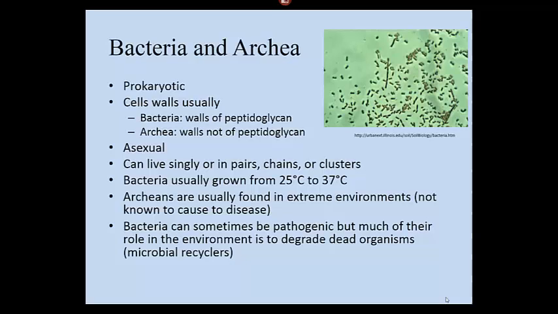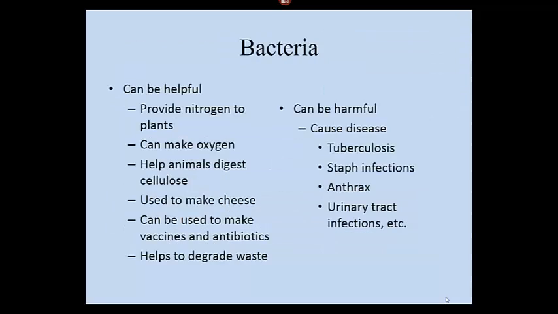And that's what the plants use, in addition to carbon dioxide from the atmosphere, to grow. I'm an ecologist, so their role as decomposers is very important in the cycling of nutrients that happens in ecosystems. So again, with the bacteria, for the most part, these can be very helpful.